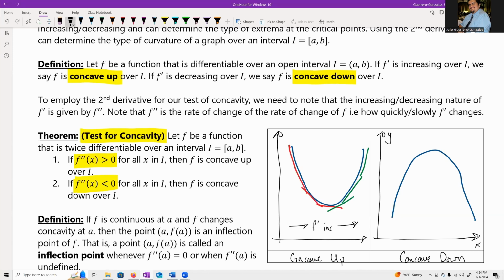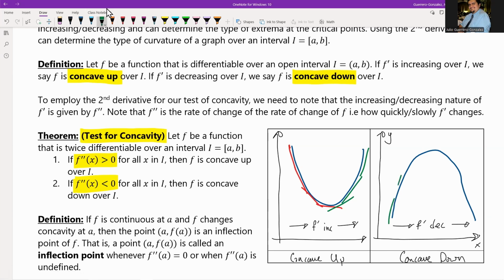We say that f prime, the slopes of the tangent lines, is increasing. Same thing over here, where f prime is decreasing. On this side, these slopes are all positive, positive, positive, and then they turn negative. You see that? Cool.